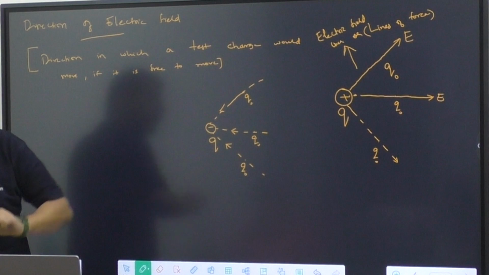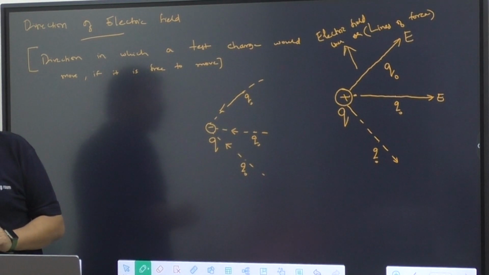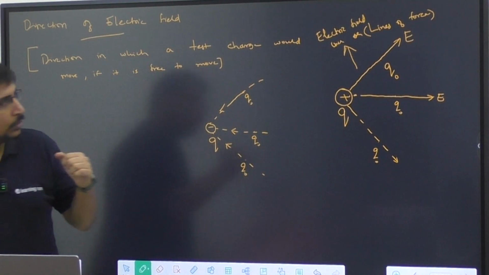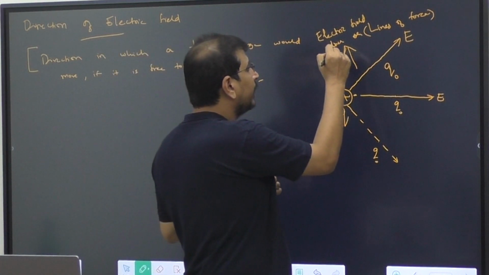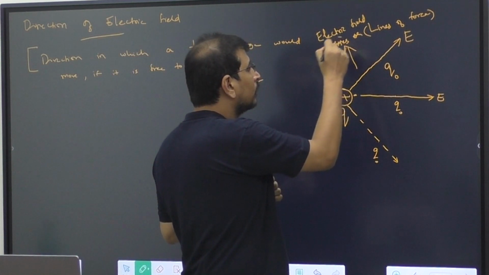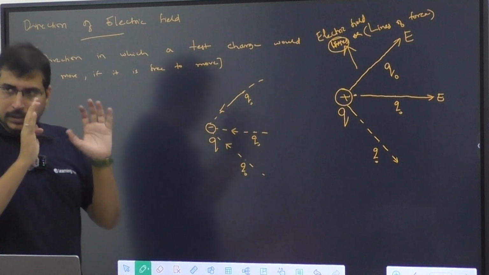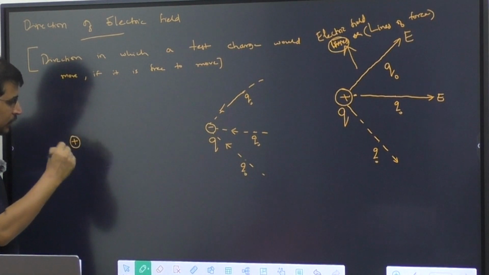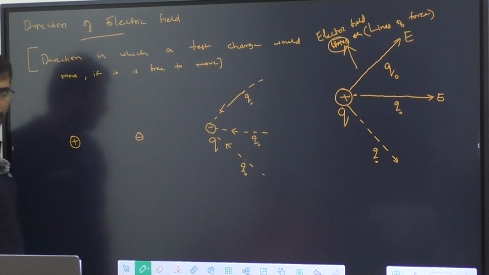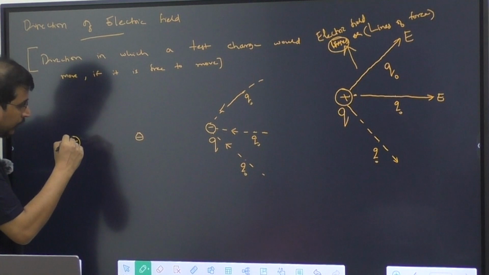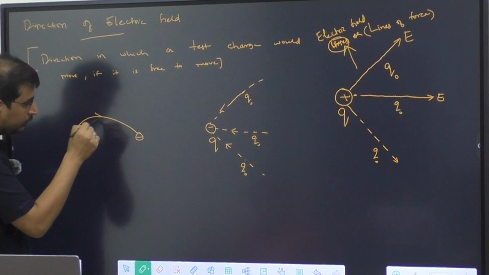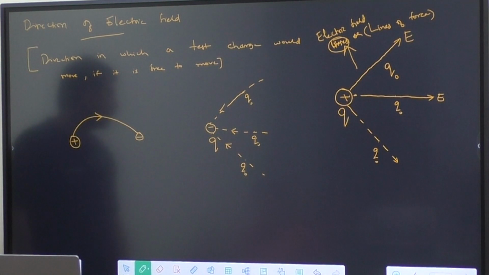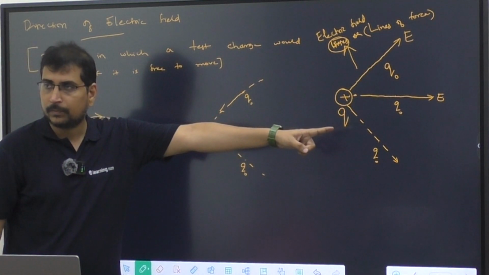Just because we use the word electric field lines, they literally do not have to be lines. They can be curves also. For example, if I take a positive charge and a negative charge, the electric field lines due to this will be like this. Because what is this one telling me?